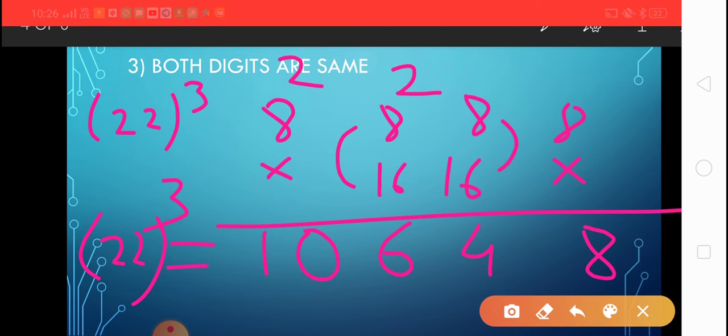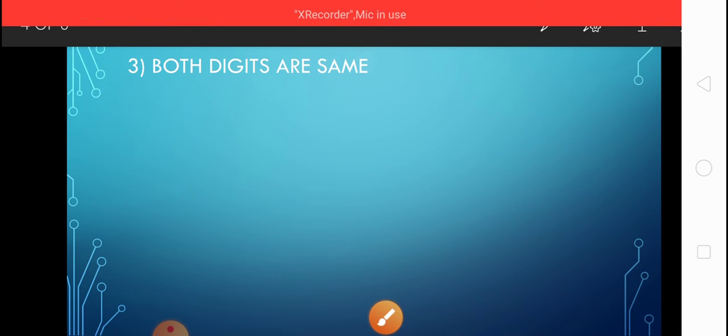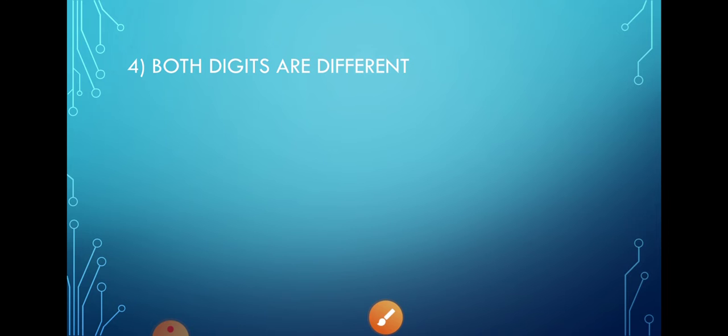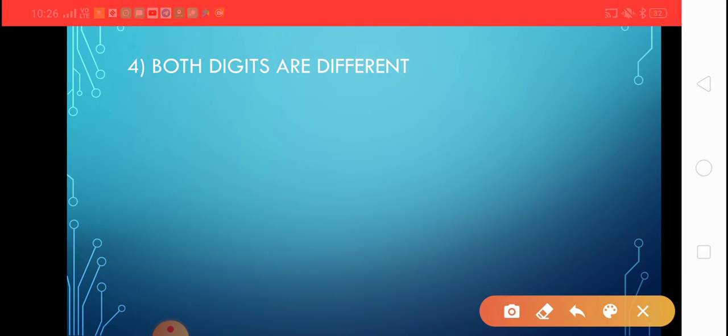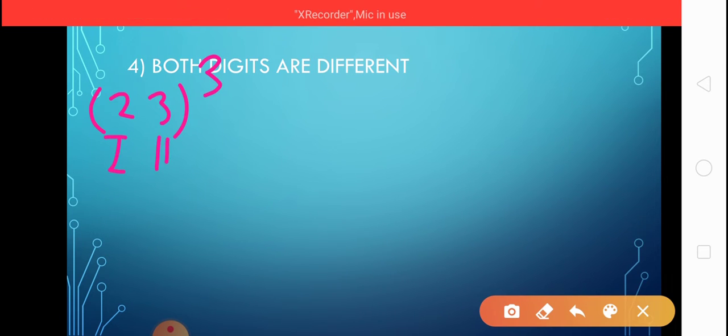So let's move to our last case. This case is also very simple. Suppose take an example of 23. But listen carefully. Suppose this is the first digit and this one is the second digit. In every case we had got 4 digits on the upper line.